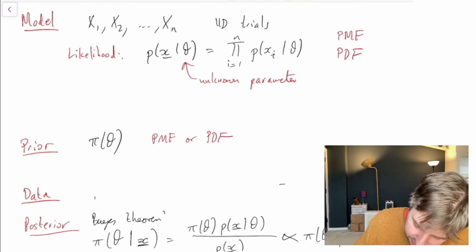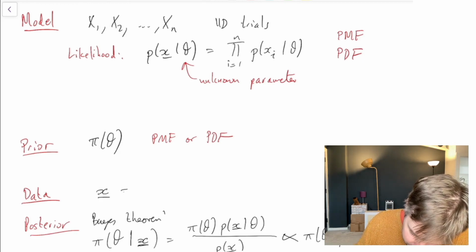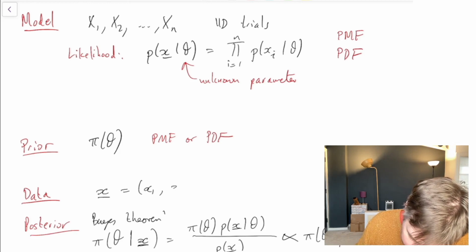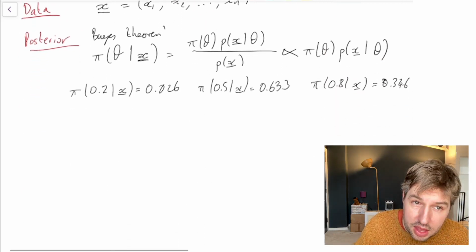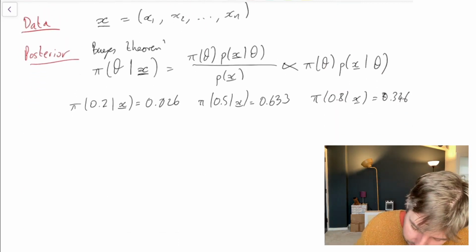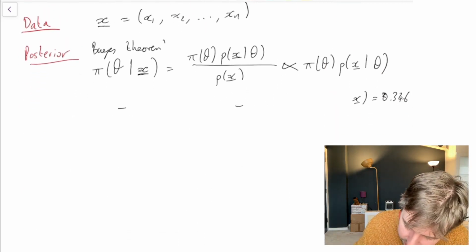Then we will collect some data, which will just be some x bar, being x1, x2, up to xn. And then we will use Bayes' theorem to calculate the posterior.